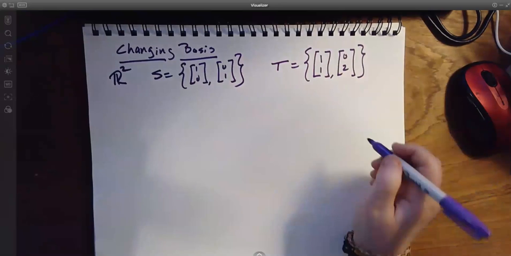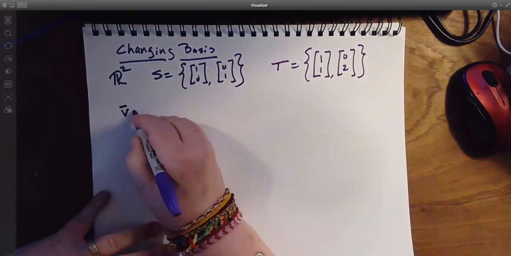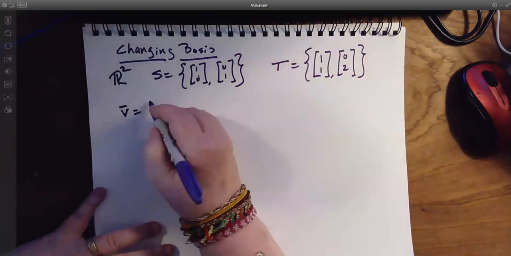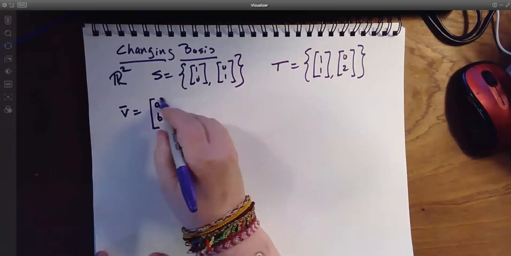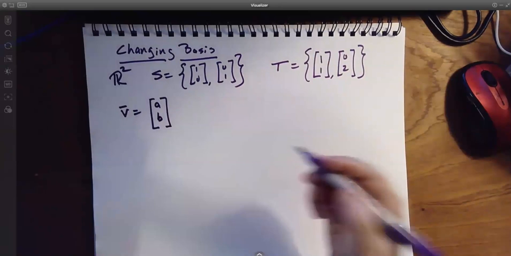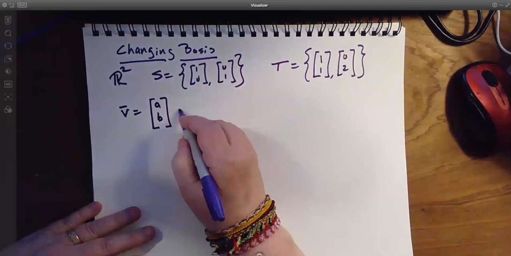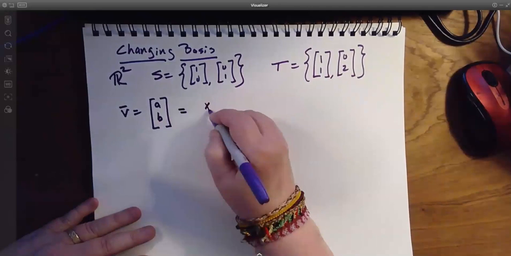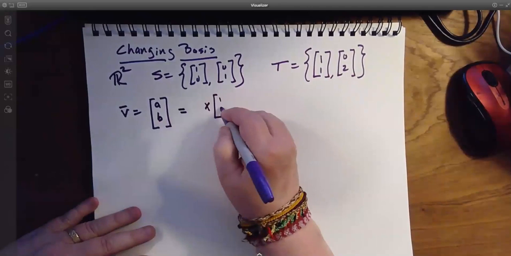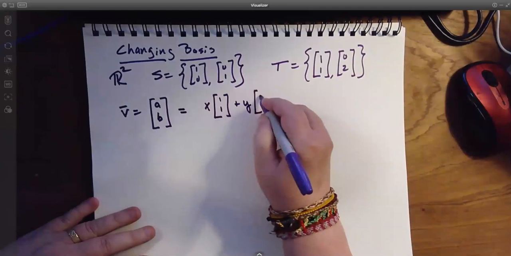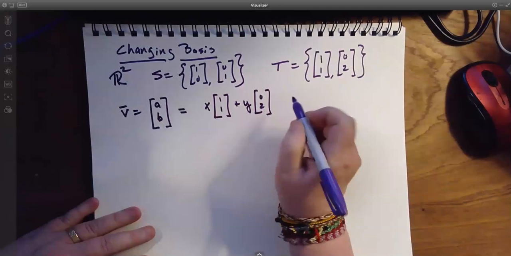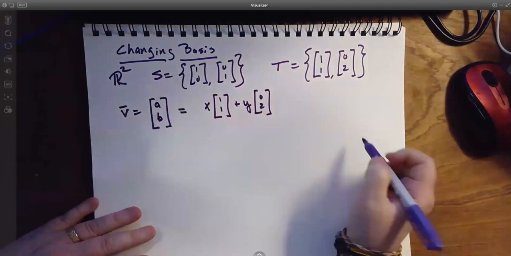Well, suppose I have a vector, and in the standard basis it's written as (a, b). I want to figure out how to write it in terms of this basis, which means I need to find something times (1, 1) plus something times (0, 2) that will spit out (a, b). Now this should start looking familiar.